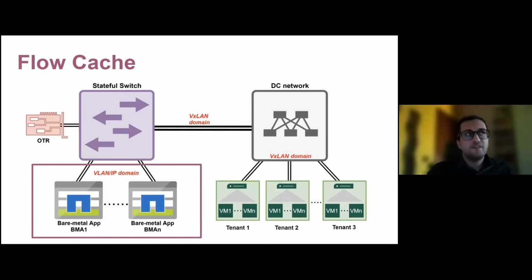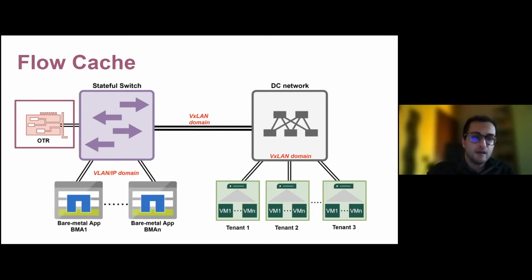In a real scenario, we would have to handle millions of entries to support all the tenants in a data center network. So we employ another network device, the slow path, in which we have the large connection table. This network device is the OTR, displayed here on the left.